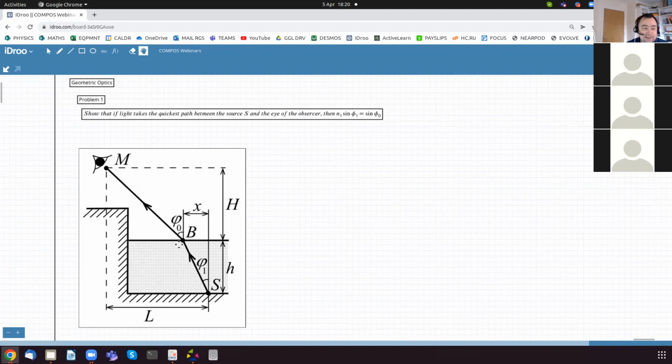Basically, that sine phi 0 divided by sine phi 1 is, in fact, the refractive index.